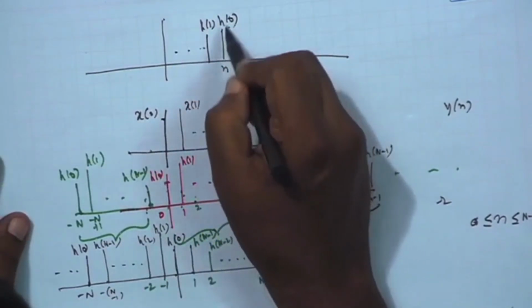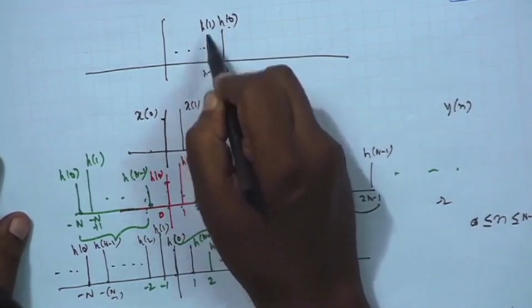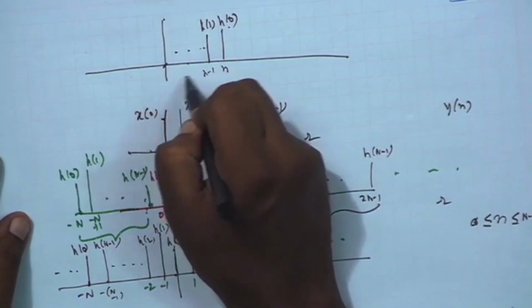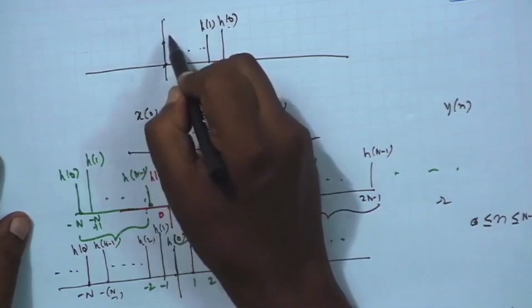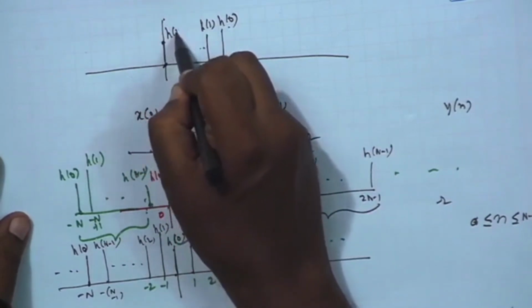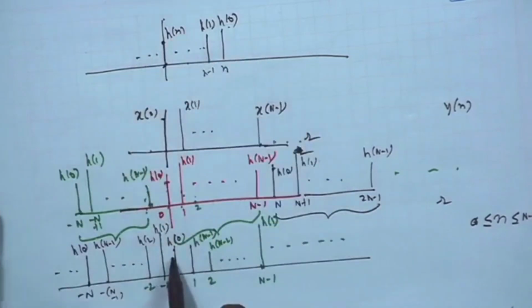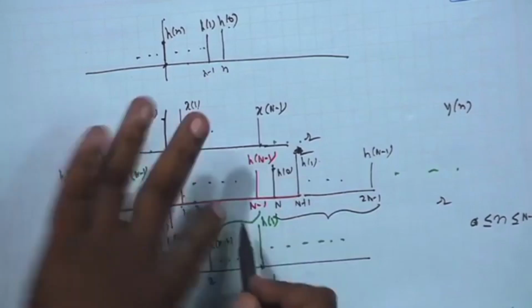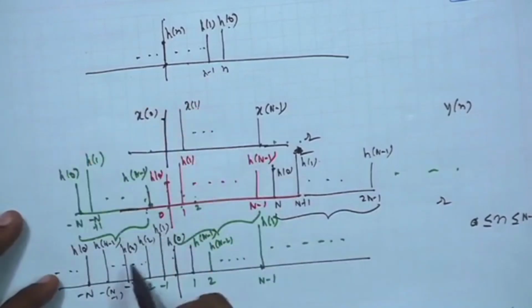So, at nth index H0, n minus 1th index H1, n minus 2th index H2, at 0th index there is n minus n, H small n will come. From this side H0, H1, H2, Hn is here, this is at minus n. Okay. It was first on this side at plus n, after flipping it went to minus n.